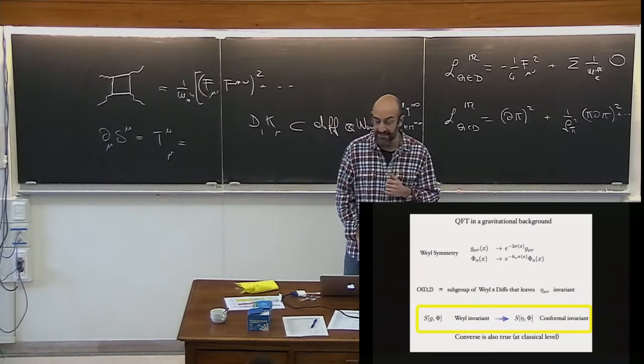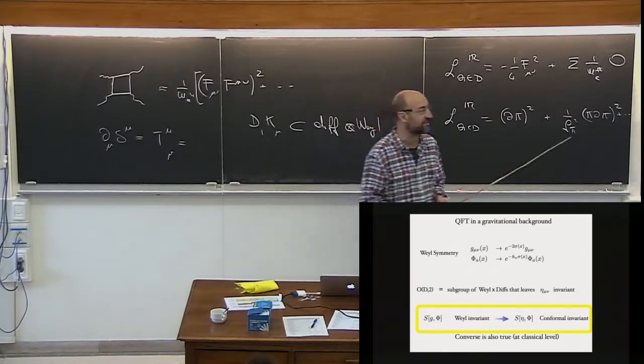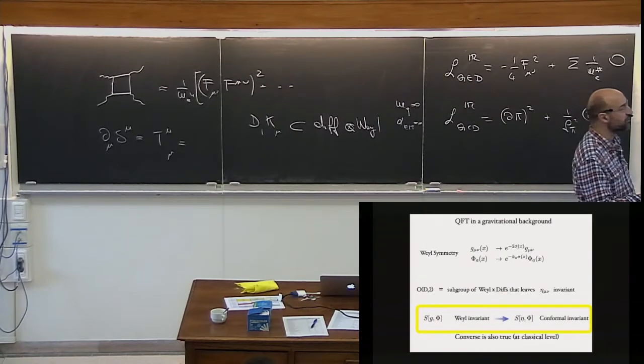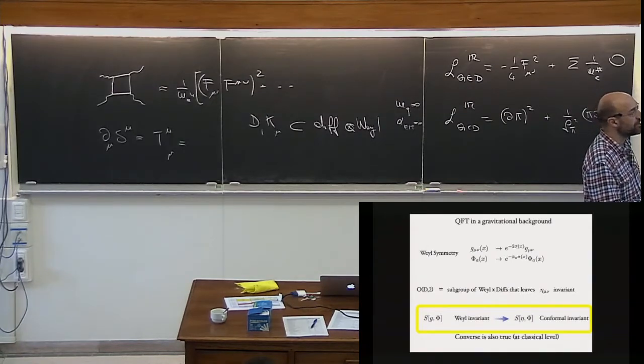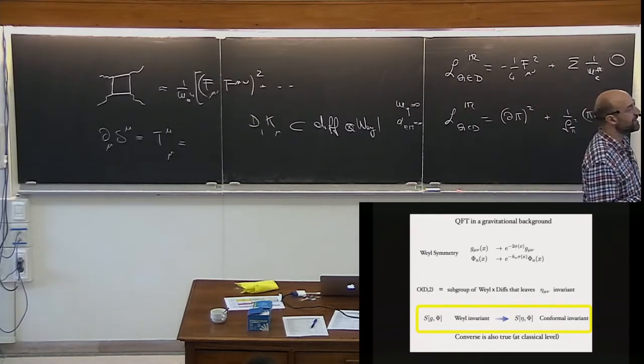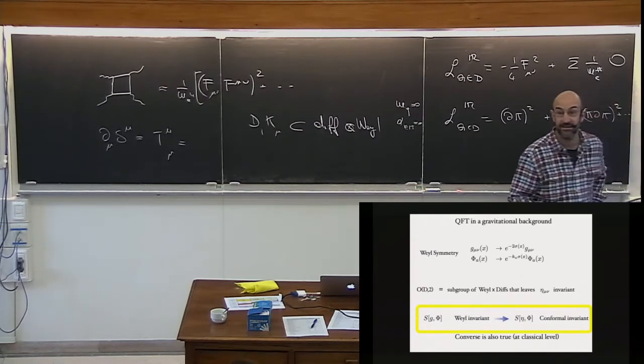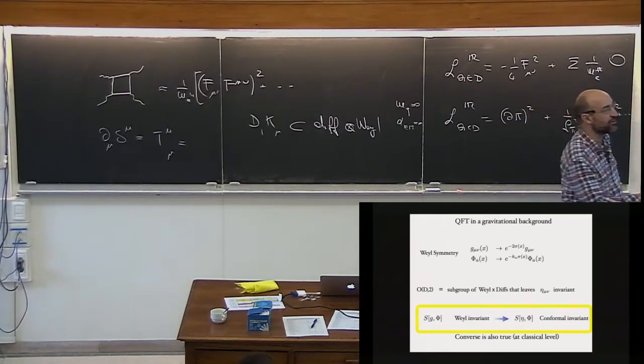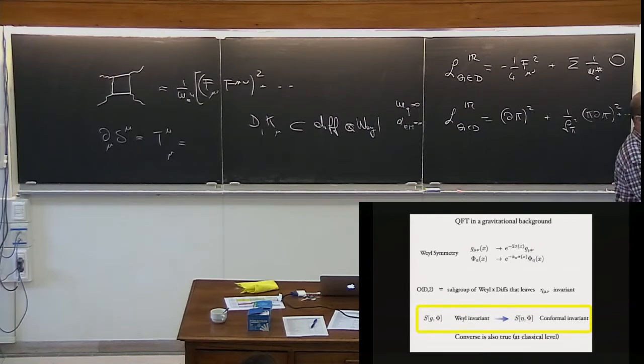Now, because of that, it's a simple result: if you have a Lagrangian or an action that is invariant under both diffeomorphisms and Weyl transformations, then when you take this Lagrangian over flat space, g equal eta, it will be automatically conformally invariant, because conformal transformations are the subgroup of the general group of symmetry of this Lagrangian that leaves eta invariant.